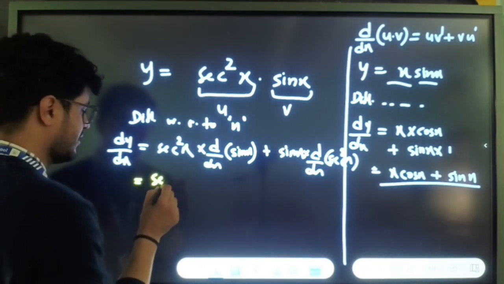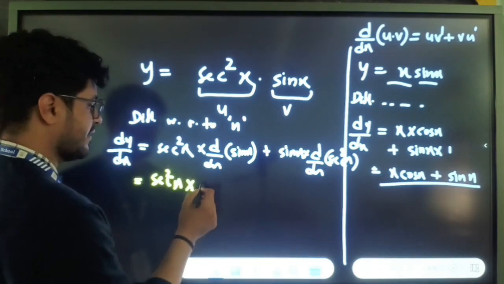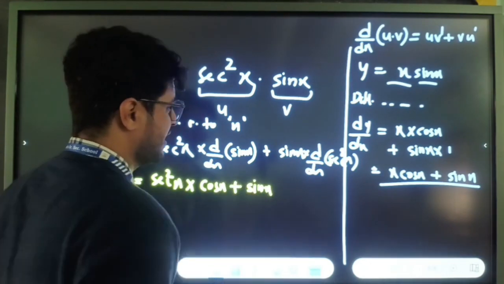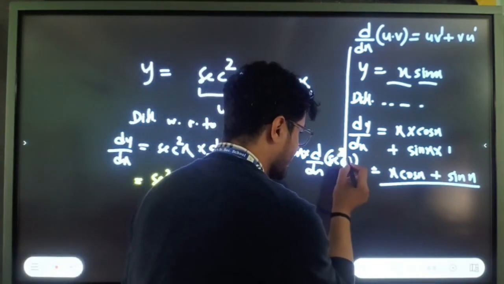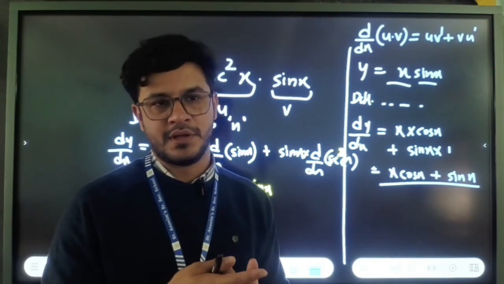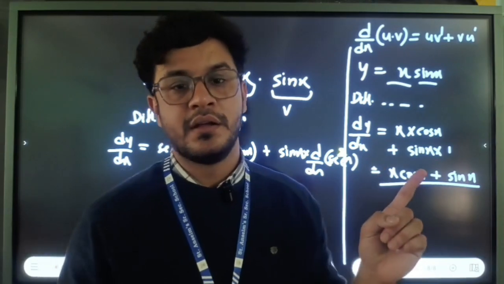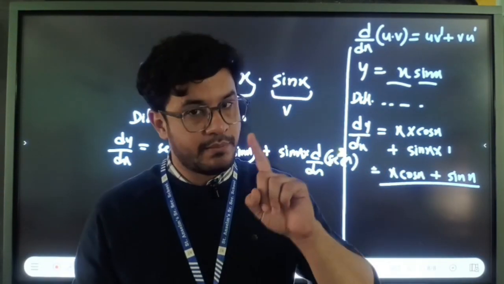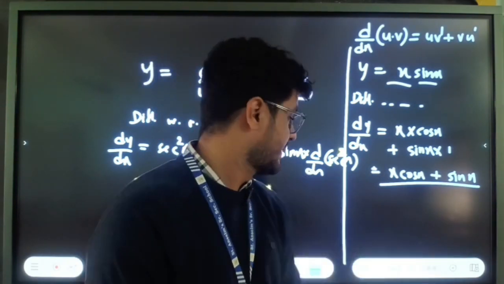All right everyone, now we'll use the formula. Sec square x as it is, it remains as it is. Derivative of sin x, we know that is cos x. Sin x as it is. Again here we are getting one function which is coming in power, so again we'll follow the chain rule. What was the chain rule? Chain rule was power first, derivative of power, then function, then variable.